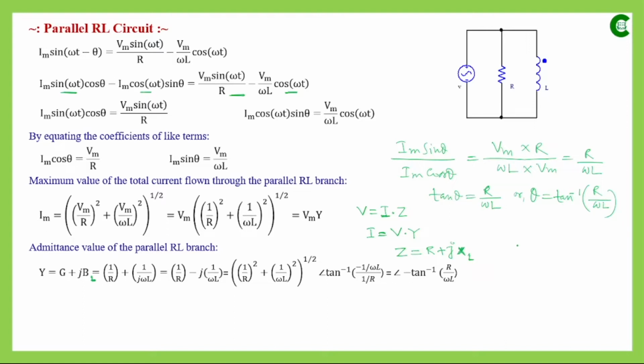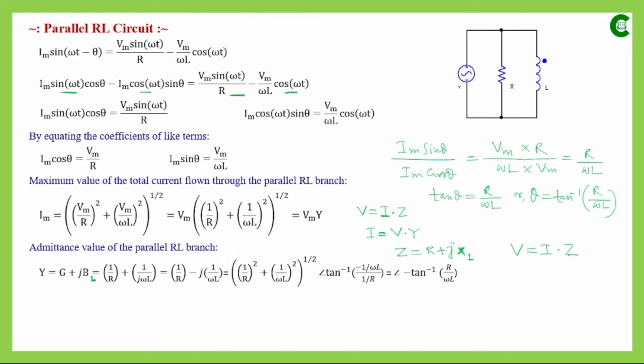Now suppose we want V equal to I multiplied by Z. Suppose I is taken as reference, and in terms of that we want to express voltage. Voltage will lead in case of an RL circuit, so that leading angle will come from this Z. In that case, where I has been taken as reference and we want to find voltage, the phase angle of the impedance will be leading in nature.